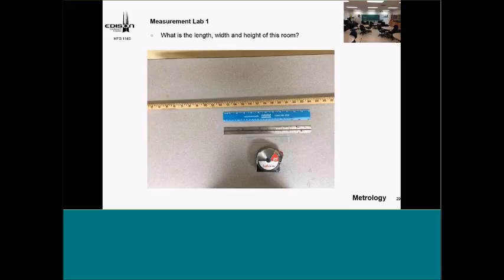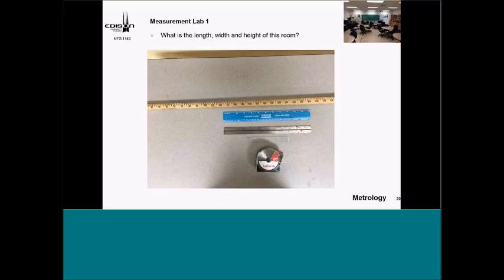Knowing the assignment is to measure my room, the width, the length, and the height, everybody would say, okay, I want that tape measure. So we go with that.